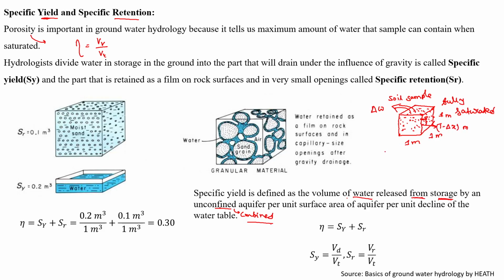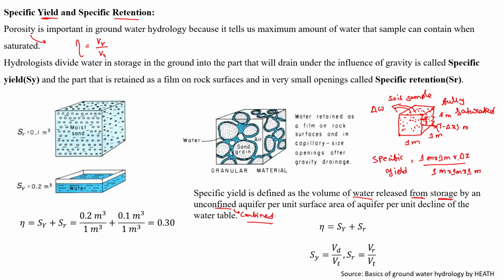Now how can we calculate specific yield? Specific yield is nothing but 1 meter into 1 meter into delta x divided by 1 meter into 1 meter into 1 meter.